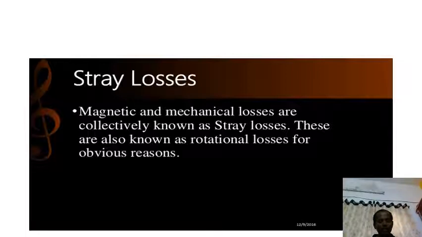Both the losses total up to about 20 to 30% of full load losses. So in shunt and compound generators, these losses are produced at a constant value.